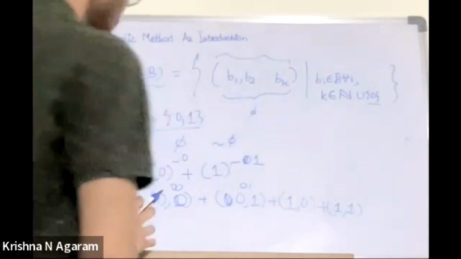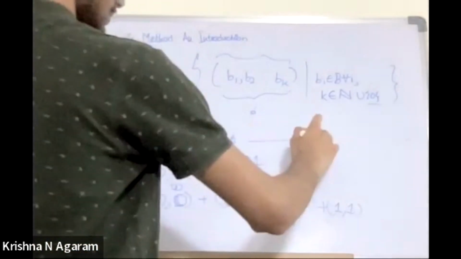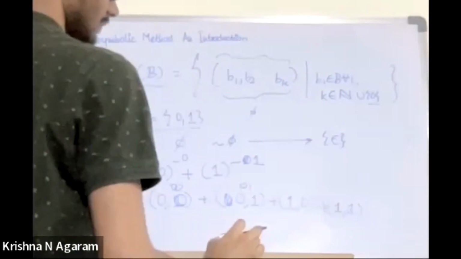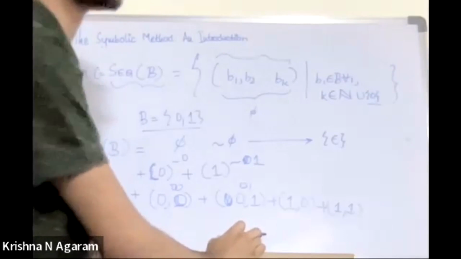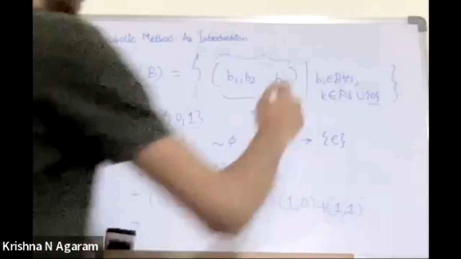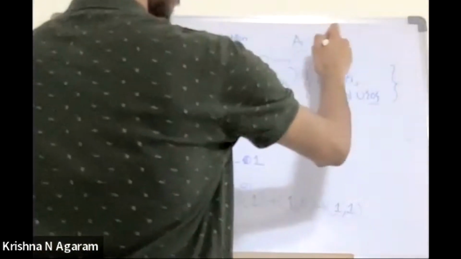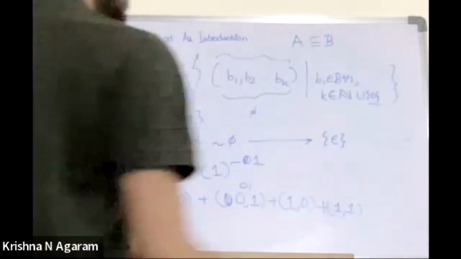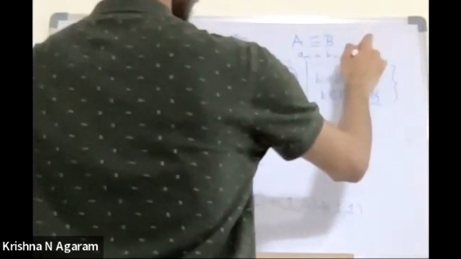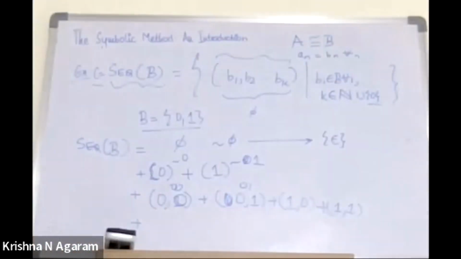So now the interesting thing is that this is very similar. Instead of saying very similar, I'll use a word called isomorphic. Two classes A and B are isomorphic, you write this, if a_n is equal to b_n for all n.